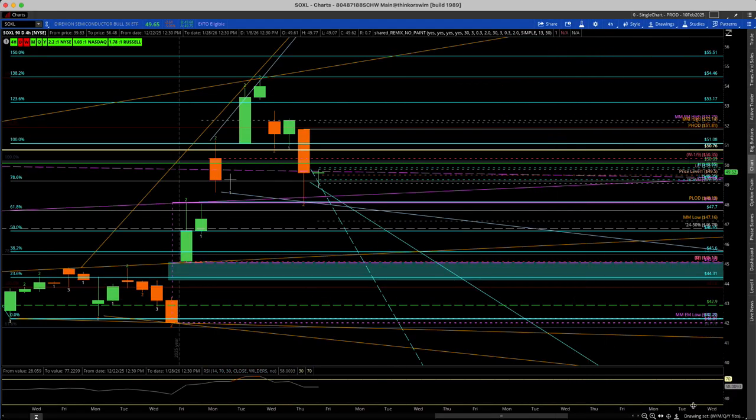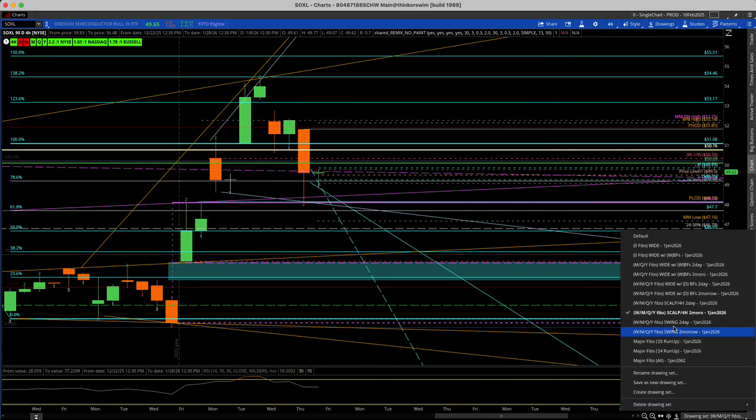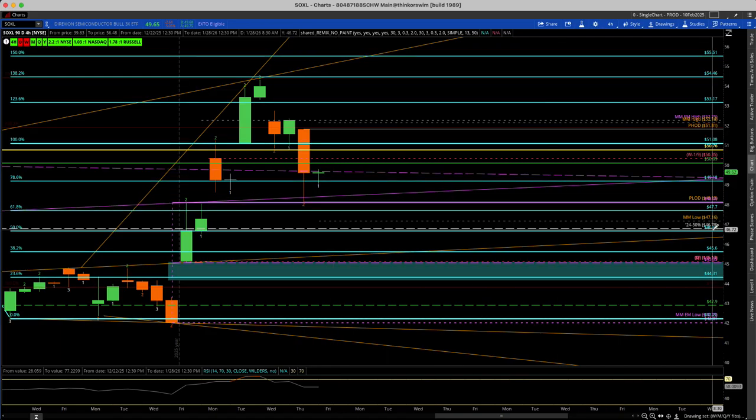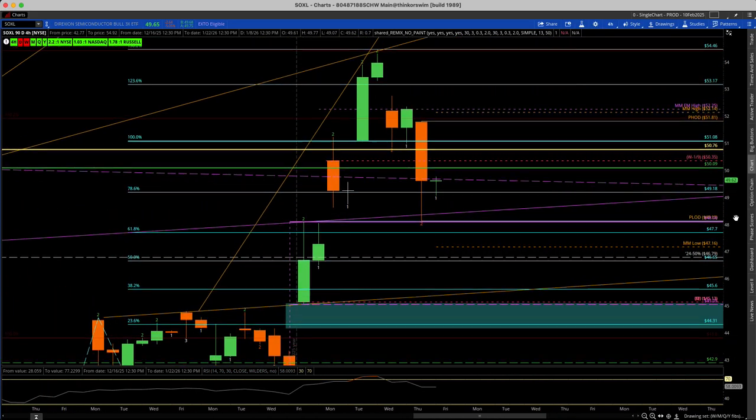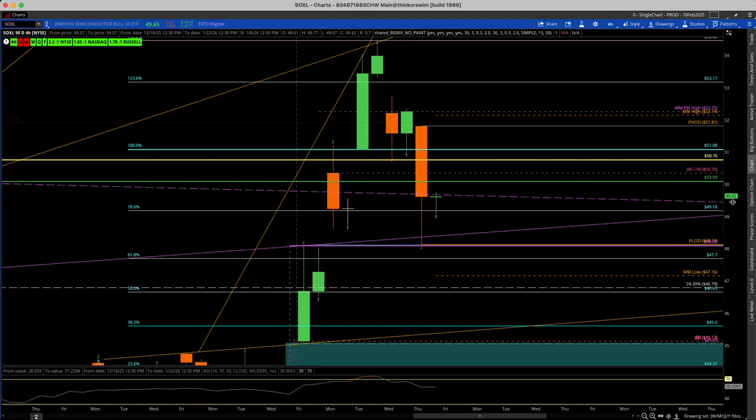Let's go ahead and go to the 4 hour chart so we can take a look at more of a longer day trade type perspective. We've got kind of a busy chart here, but the levels are playing out, right? On the 4-hour, we've got this 2-1 that happened on Thursday.